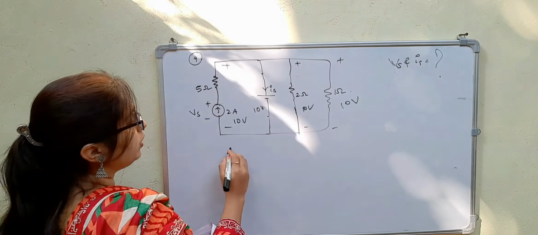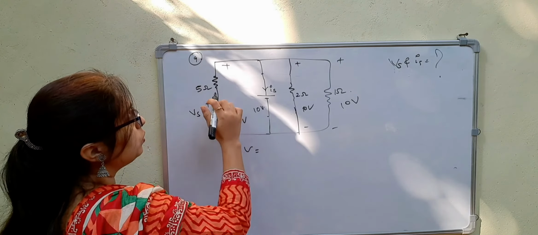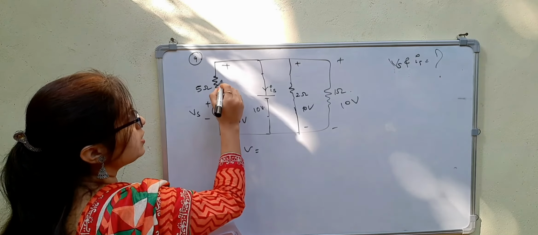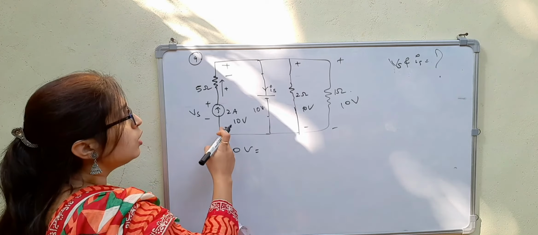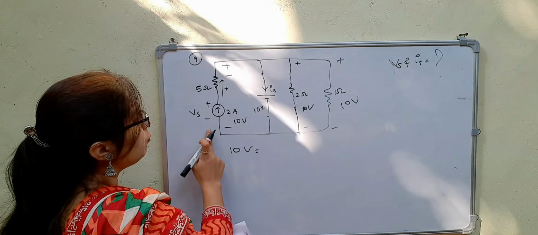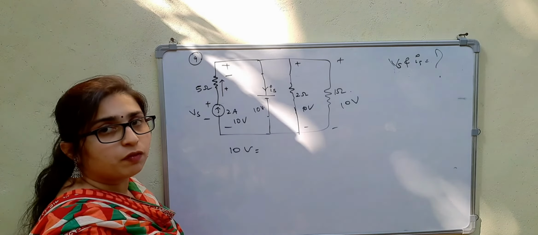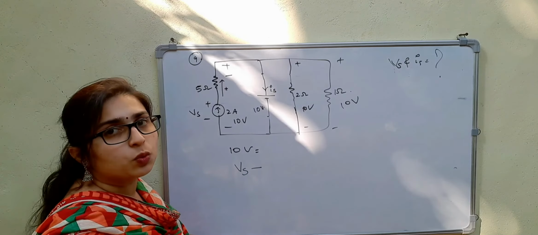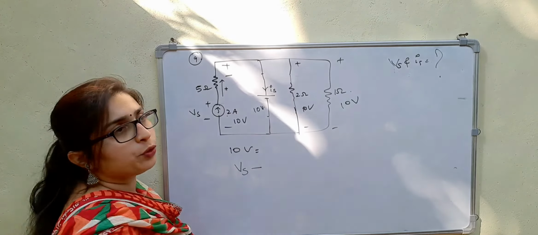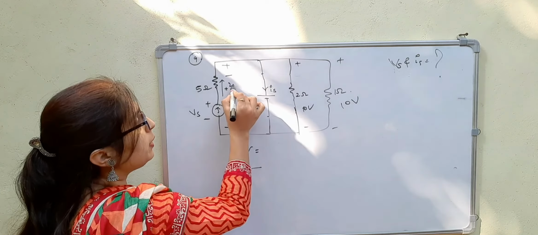So this total 10 volts, that is equal to, see the current is flowing in this way. That means the voltage drop across the resistor will be like this. So if I start from here, you are getting the minus terminal first. So it is Vs, then plus terminal first means voltage drop. 5 into 2, the current that is flowing through this will be 2 ampere.